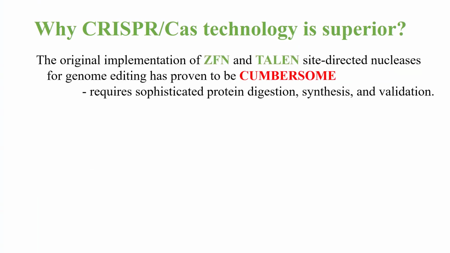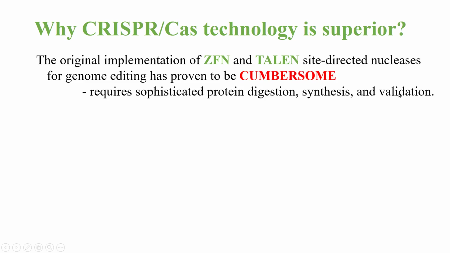The original implementation of zinc finger nuclease and TALEN site-directed nucleases for genome editing has proven to be cumbersome. Why? Because in both cases, it requires sophisticated protein digestion, synthesis, and validation.